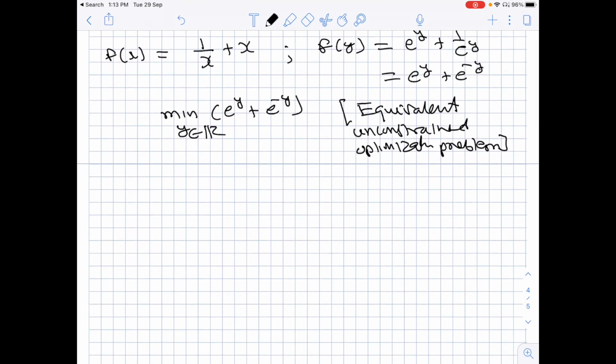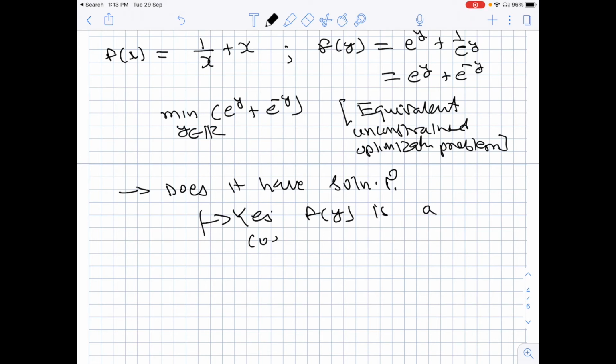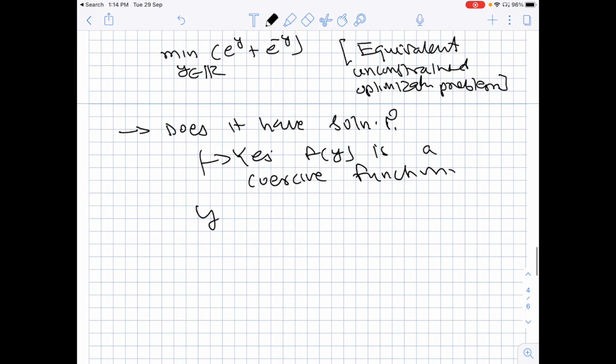Now, first of all, does it have a solution? Incidentally, the answer is yes, because f of y is a coercive function. With y tending to infinity, just a scalar, e to the power y goes to infinity, e to the power minus y goes to 0.